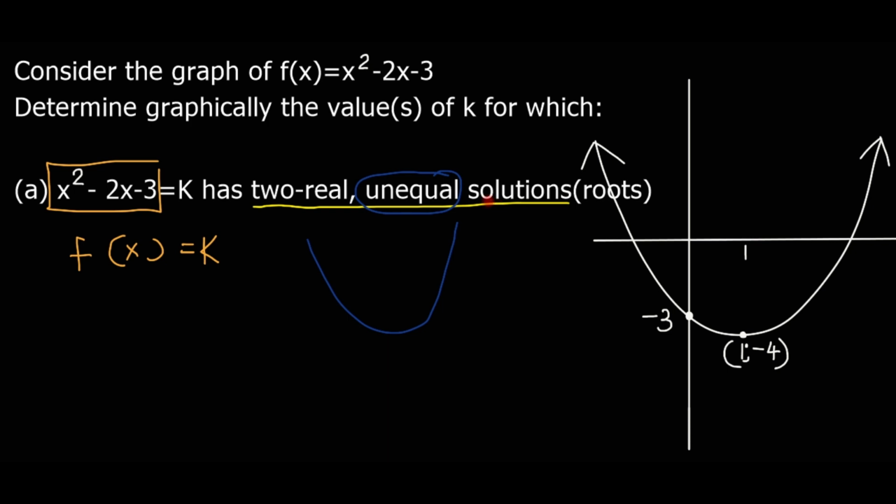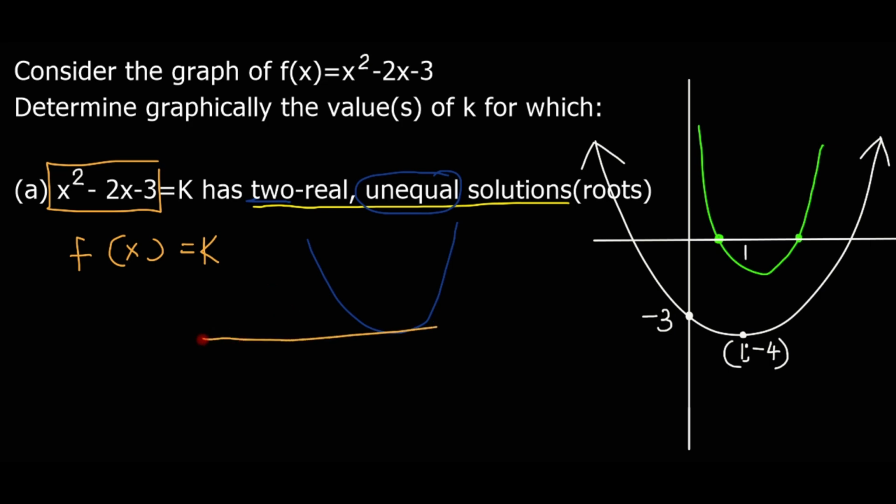That's why, if it's unequal, two solutions means two x-intercepts, something like this one, whereby this line will touch the graph at 2 points.